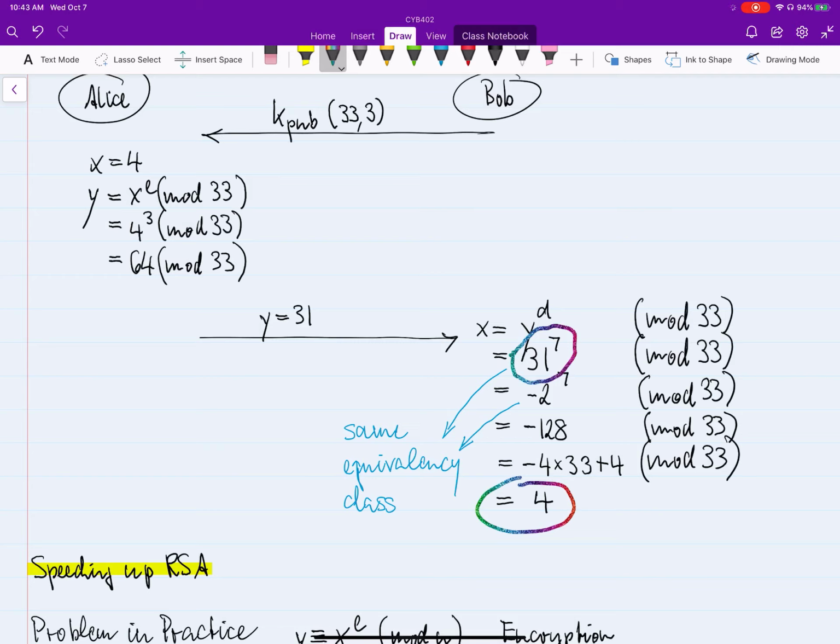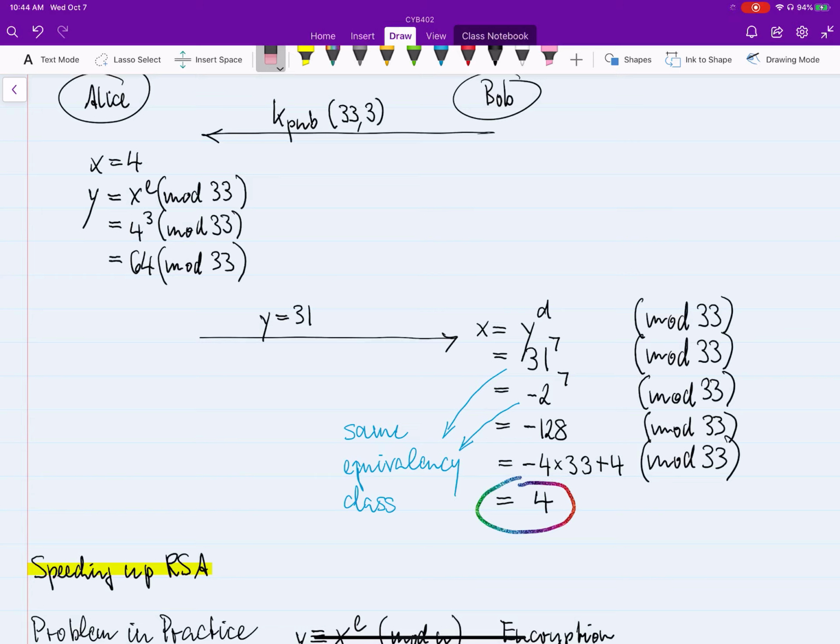Remember that any numbers with the same distance, here from minus 2 up to 31, it's a difference of 33, all of those numbers belong to the same equivalency class and can be used equivalently in any modulo operation, which is really interesting.